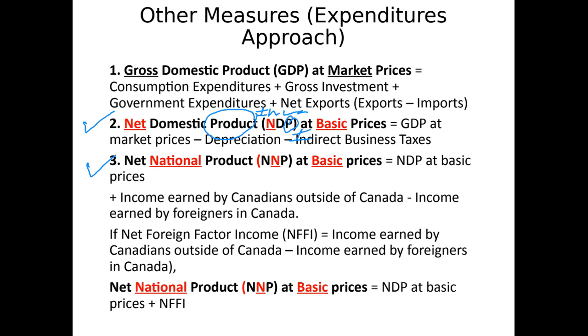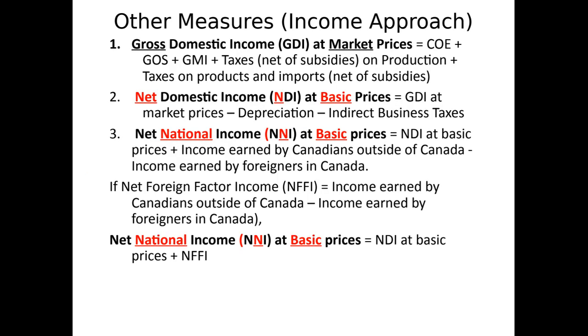If I show you this last slide, you will see that everything is the same except I have written gross domestic income instead of gross domestic product. All formulas are exactly identical. The only difference is I am just writing income.